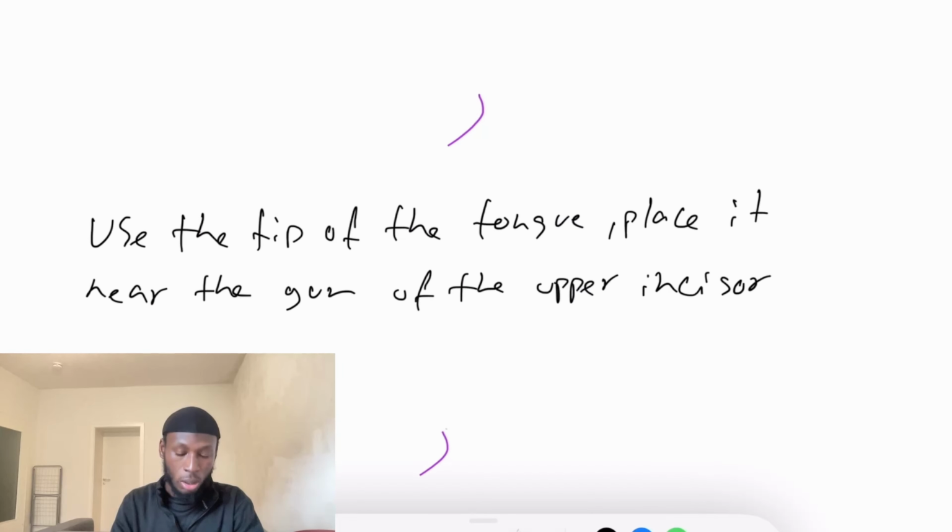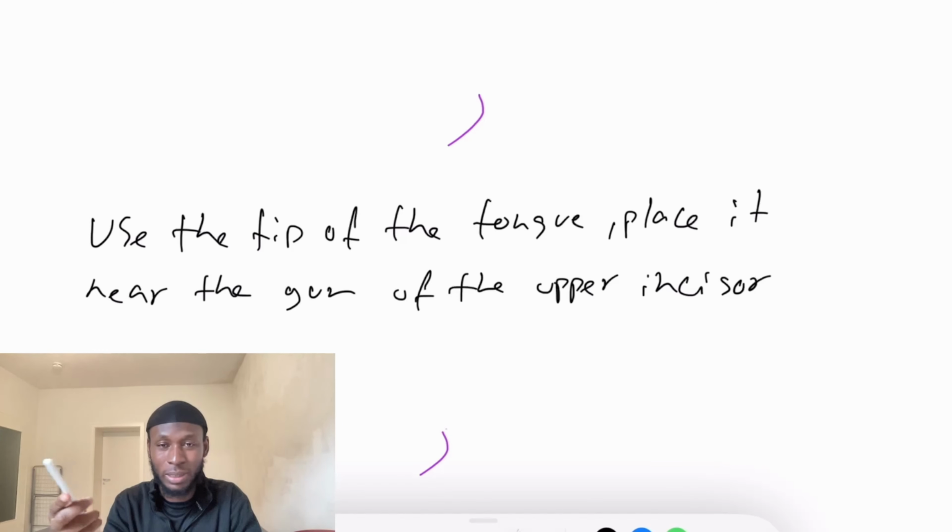And this is Ra. For Ra, we use the tip of the tongue, and we place it near the gum of the upper incisor. We shouldn't make the mistake for Ra because there are some people that roll it.